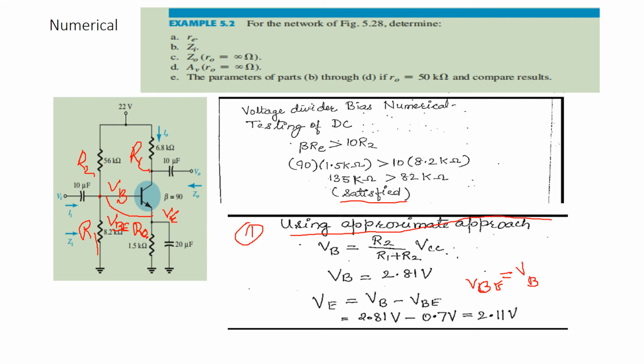This particular equation will come into picture: VE is equal to VB minus VBE. So this will give you 2.11 volts.